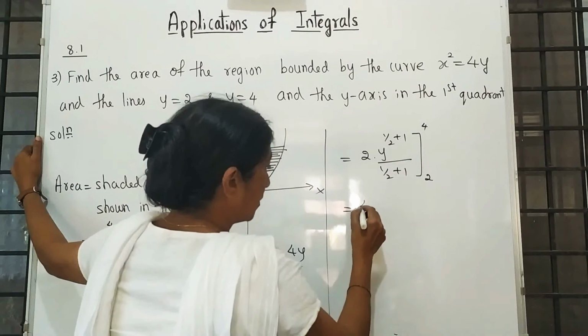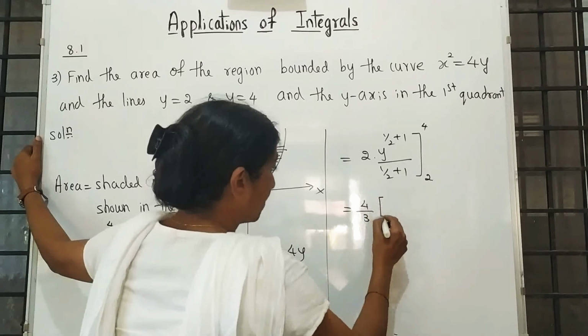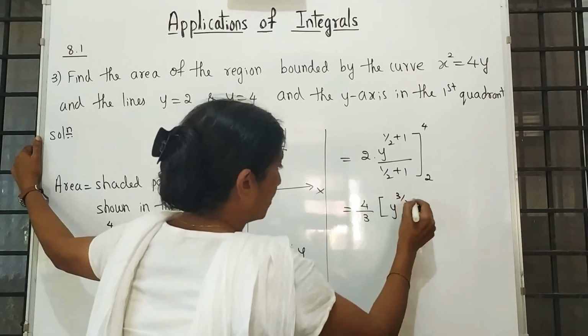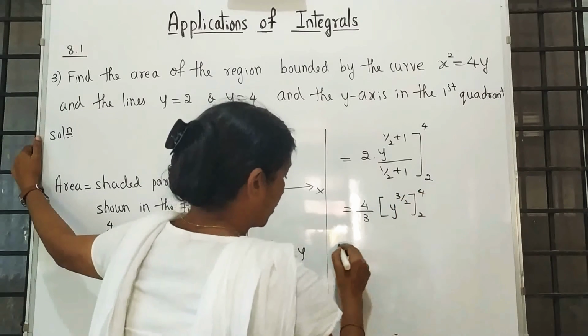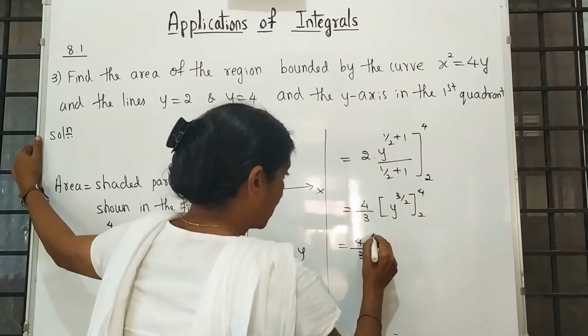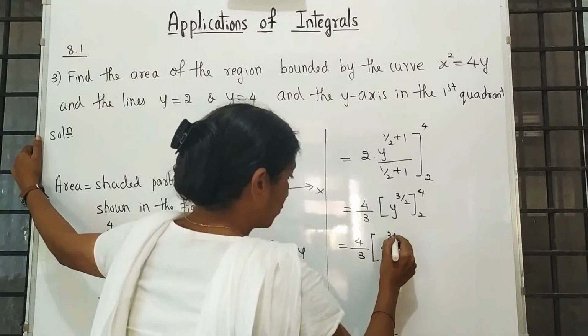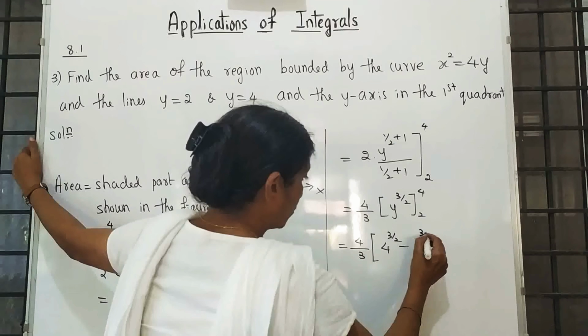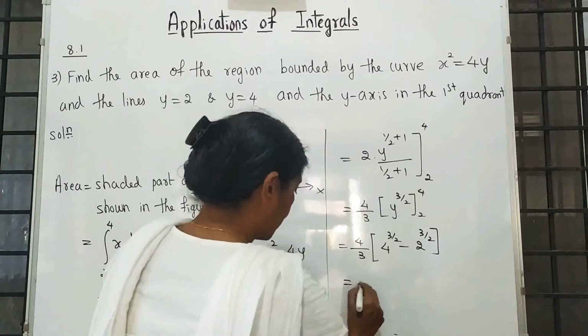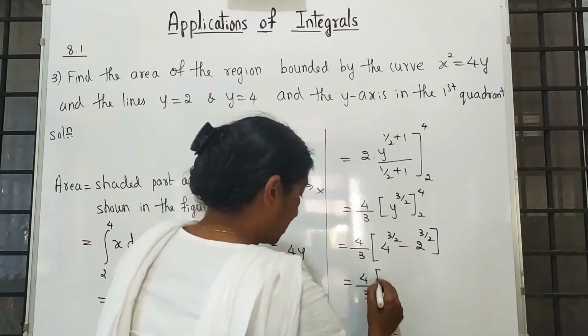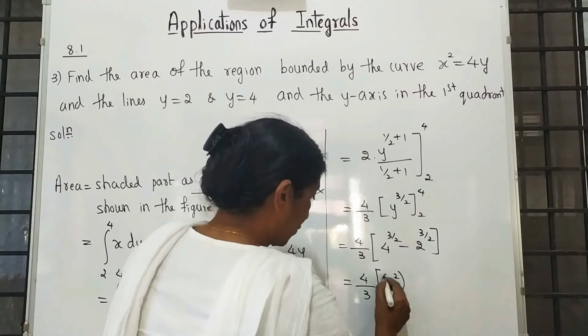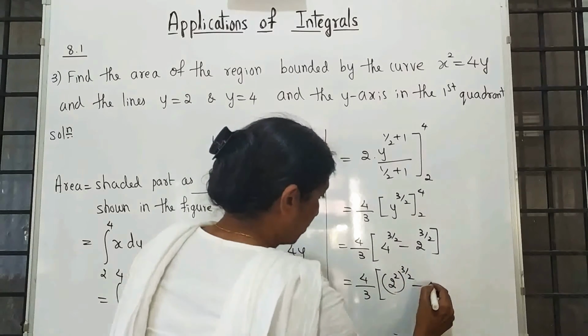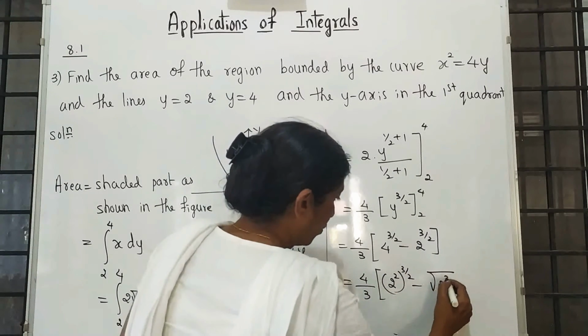This is 4 by 3 y raised to 3 by 2 from 2 to 4. 4 by 3 into 4 raised to 3 by 2 minus 2 raised to 3 by 2. 4 by 3, this is 2 square raised to 3 by 2 minus square root of 2 cube.